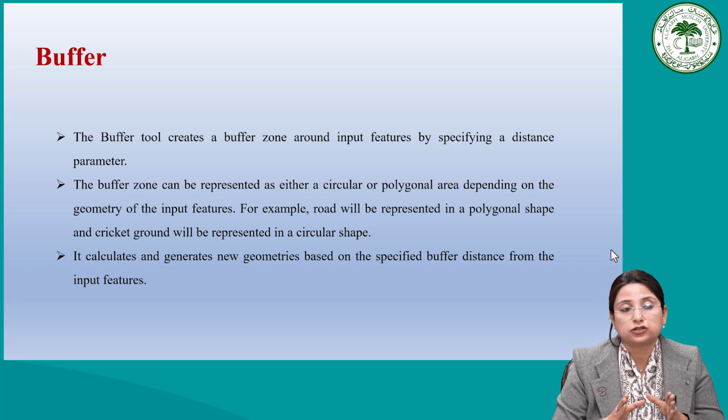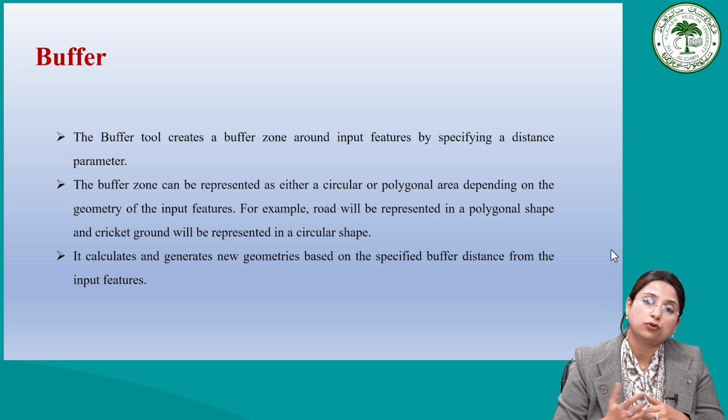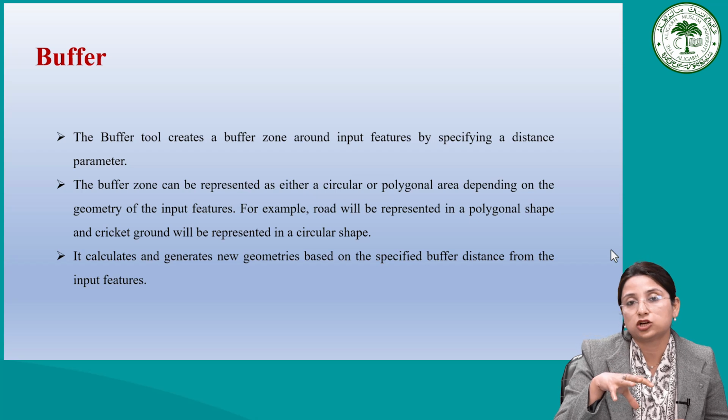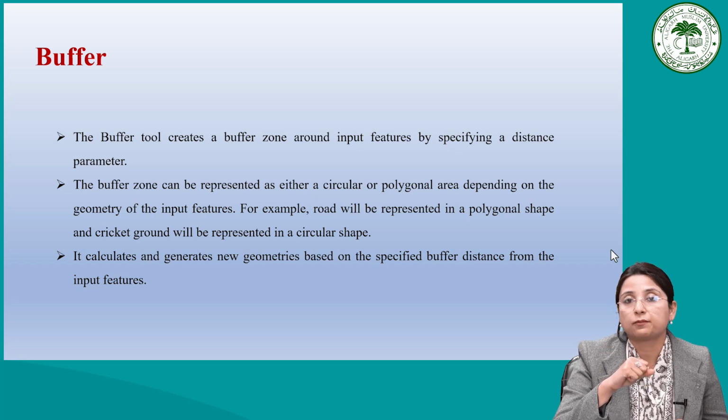This buffer zone may be represented either around a circular feature or a polygonal feature. That depends upon the geometry of the input feature. For example, a road will be represented by a polygonal shape, and a cricket ground by a circular shape. The geometry of the buffer depends upon the input feature.